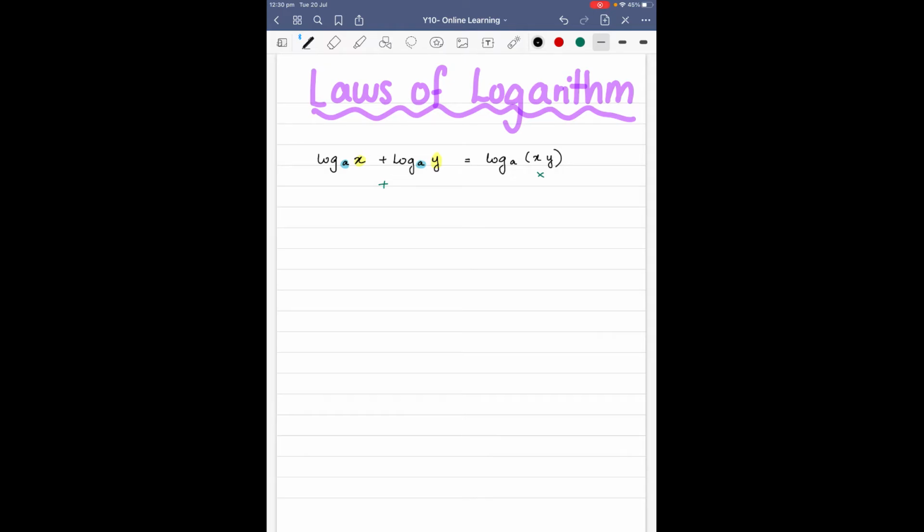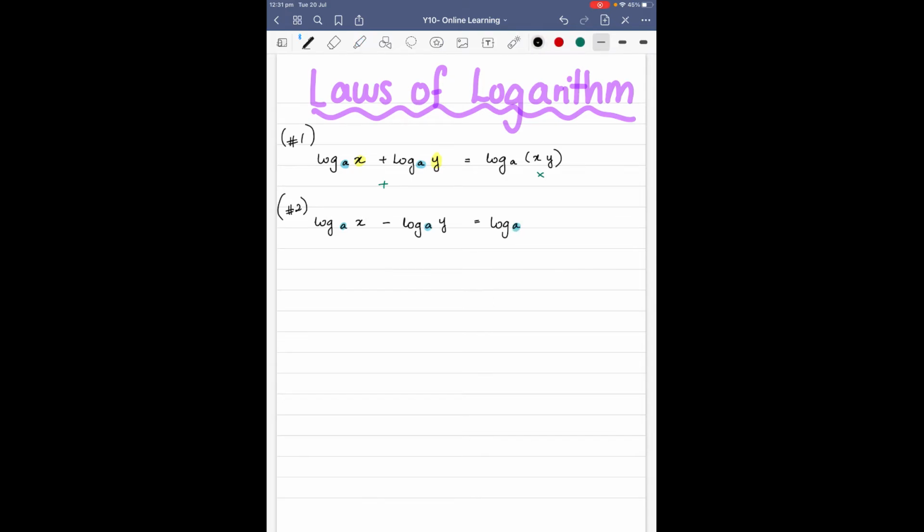Next one. This was the first law, this is the second law. If we have log base a x minus log base a y, we will have the same log base a because all your bases need to be the same.